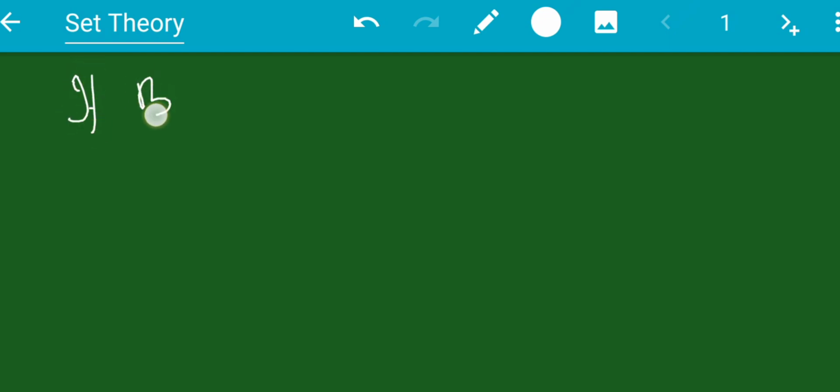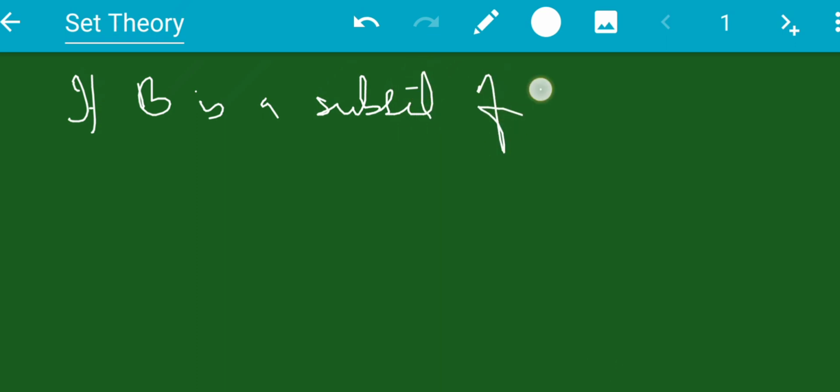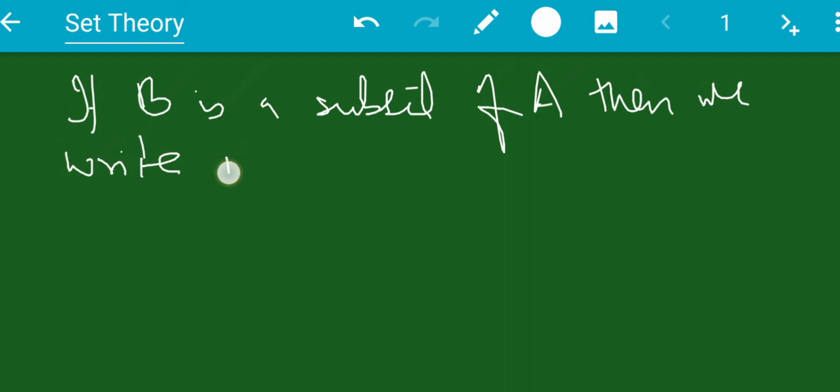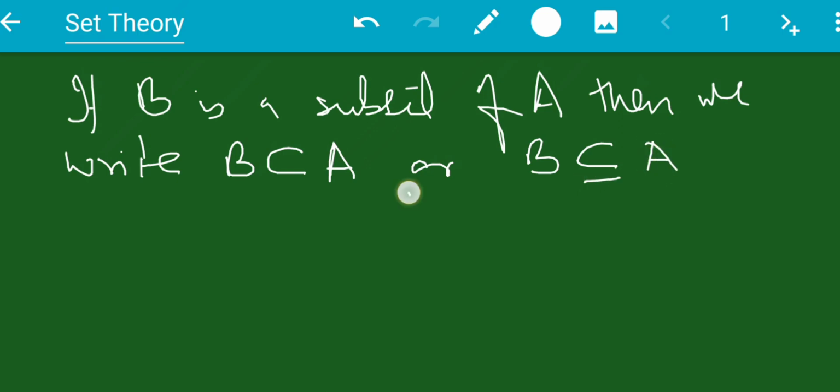If B is a subset of A, then we write B subset A. I am using this loosely, because this is called a proper subset.